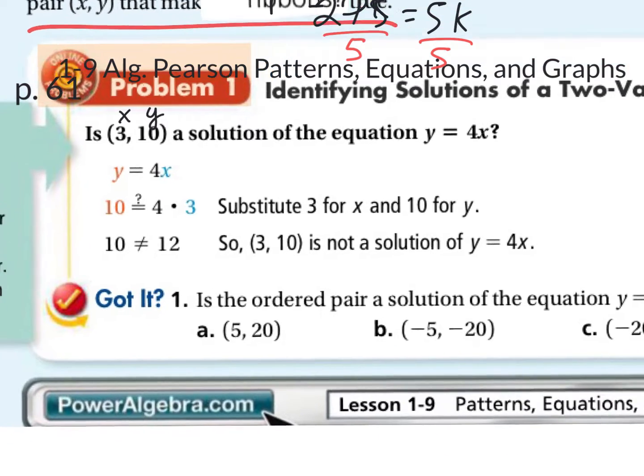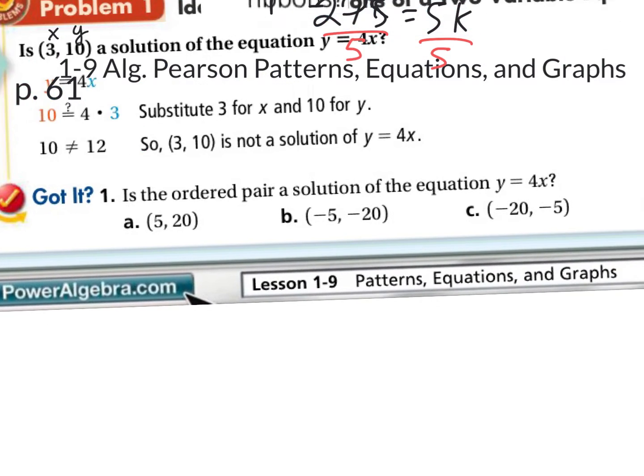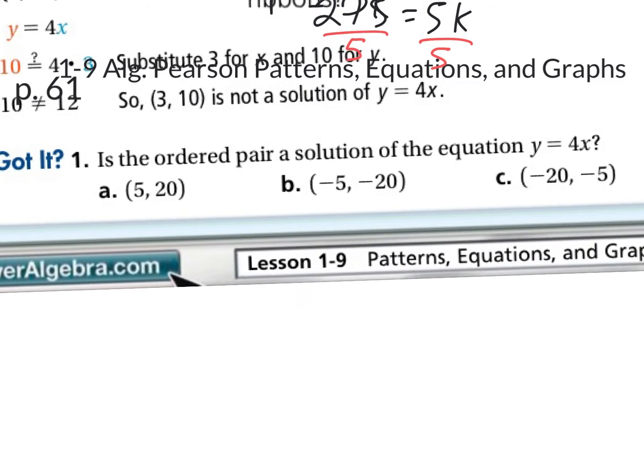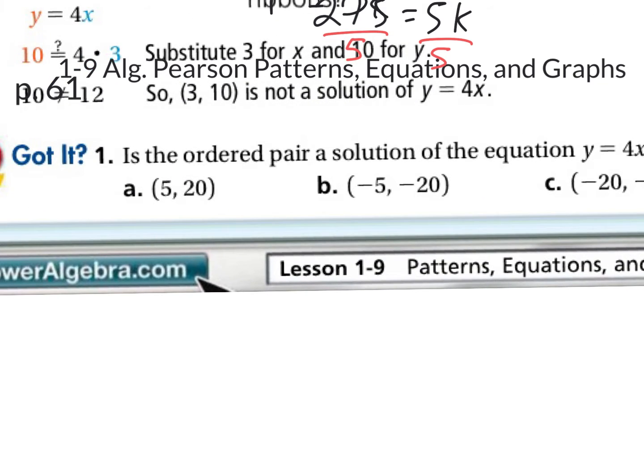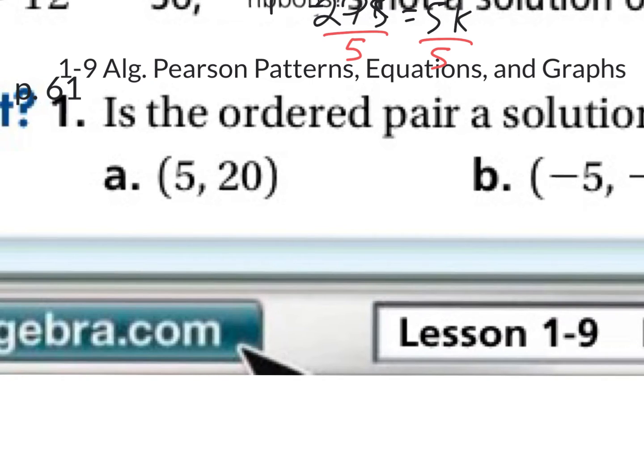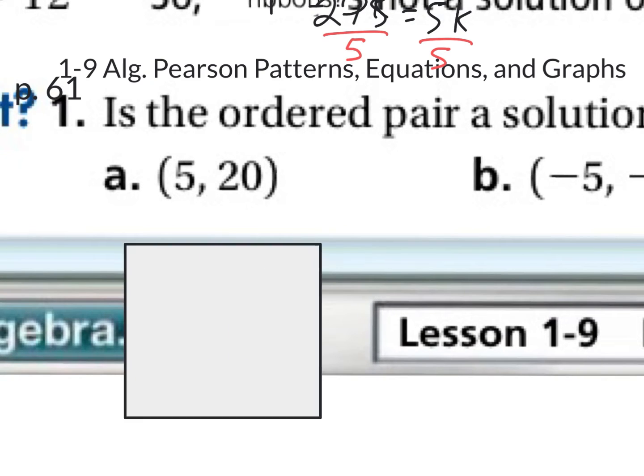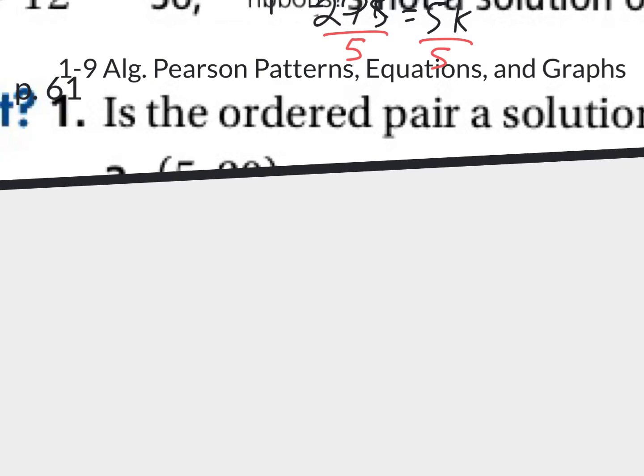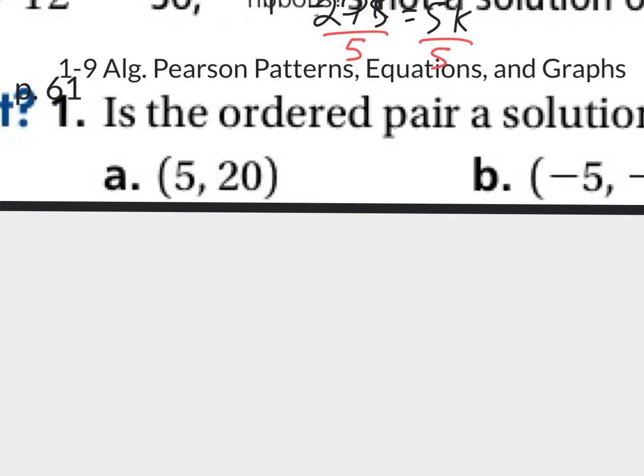So if you look at the Got It 1, we're looking at some other options for y equals 4x to see if any of these are solutions to this equation. So once again, it's the y equals 4x.